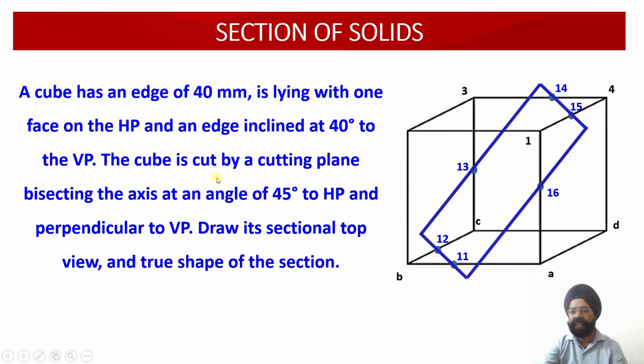This cube is cut by a cutting plane bisecting the axis at an angle of 45 degrees to the horizontal plane, and perpendicular to the vertical plane. We are required to draw the sectional top view and the true shape of this section.